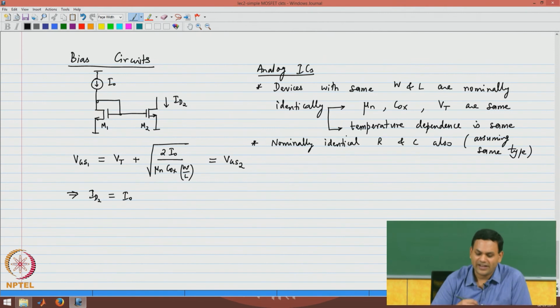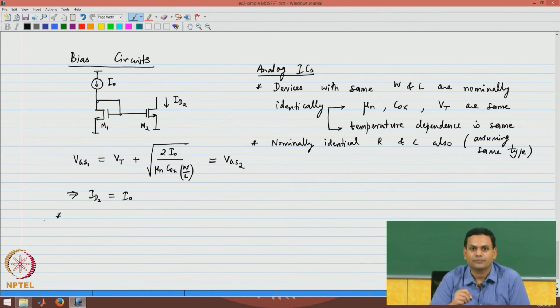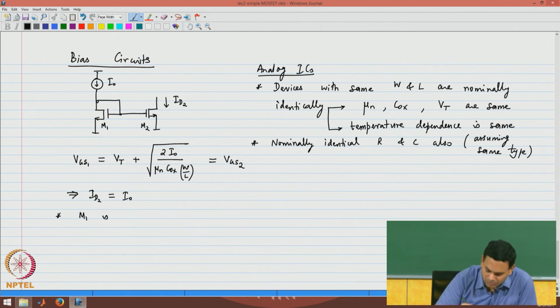There are several things we need to realize before we go ahead with some details of this circuit. The first thing to note, and it is not an assumption, is that M1 is always in saturation.